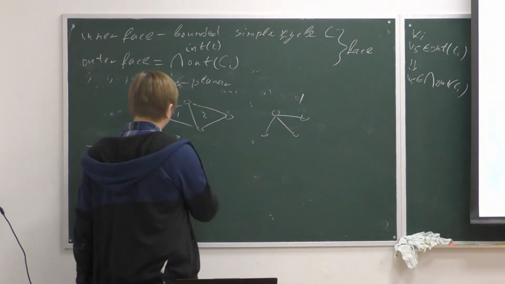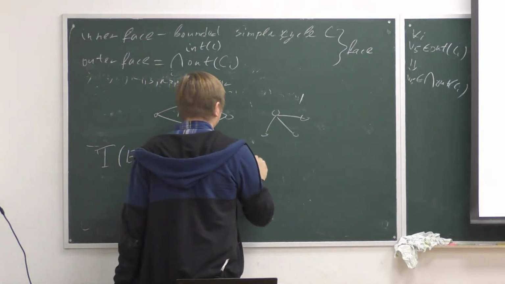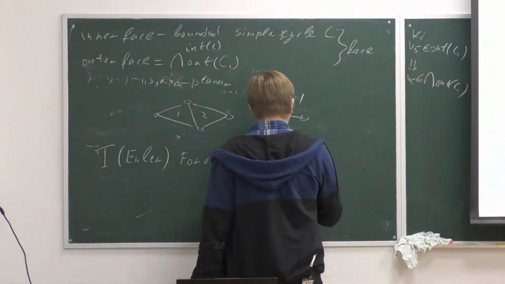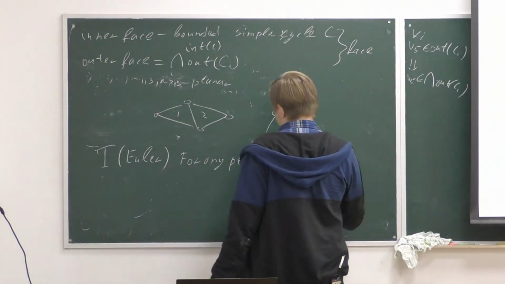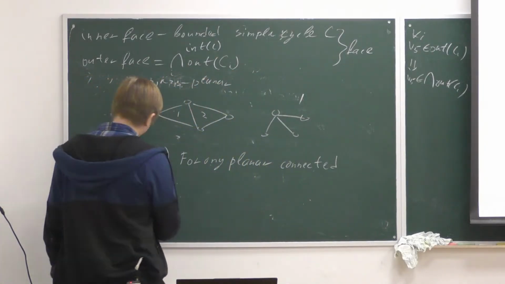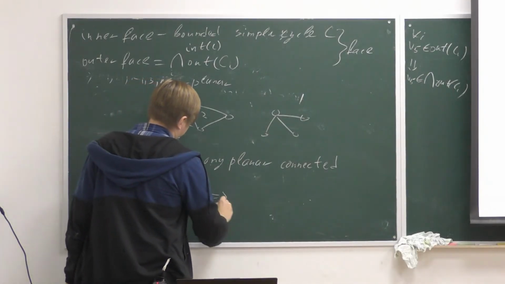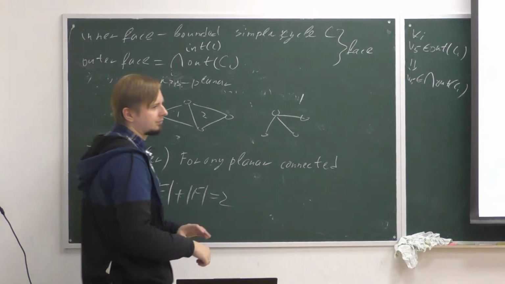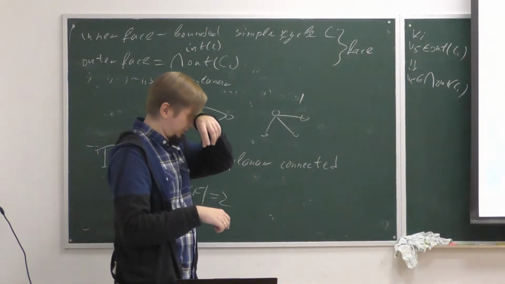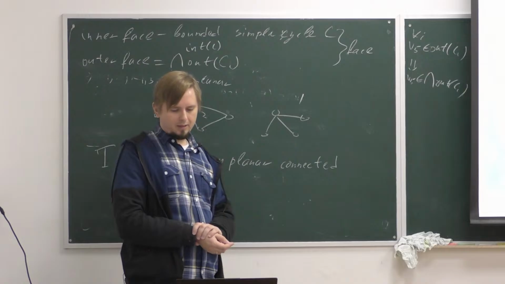For any connected planar graph, we have the number of vertices minus the number of edges plus the number of faces, which will equal just two. There are also some further characteristics, but here we will prove a very simple one. How to prove it?